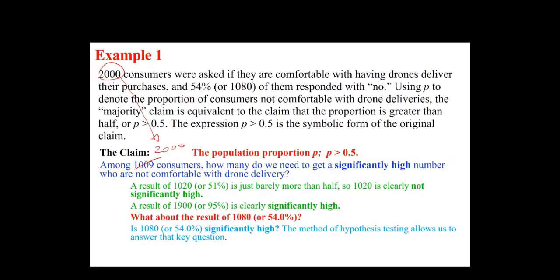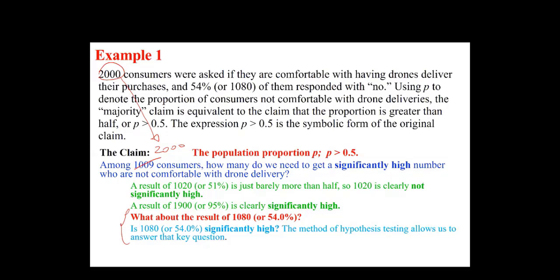The question is, what do we really deal with when we have a case like this? When it's larger than 0.5, but it's not a lot, maybe 54%, maybe 57%, maybe 61%. How high really shows that it's more than 50%? And we don't know until we test it with statistics. The point being, some are obvious: 1,020 or 1,010 or 1,005, not a big deal.